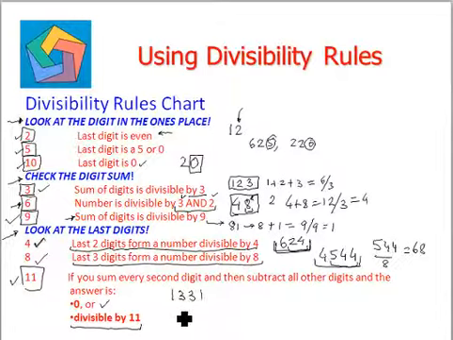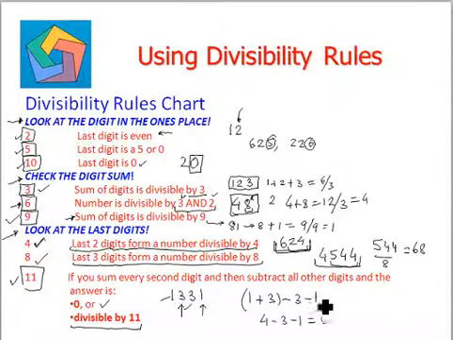If you sum every second digit, that is 1 plus 3, and subtract all other digits, that is minus 3 minus 1, because you're left with this 3 and this 1, 1 plus 3 is 4. 4 minus 3 minus 1 equals 0. Therefore, 1331 is divisible by 11.